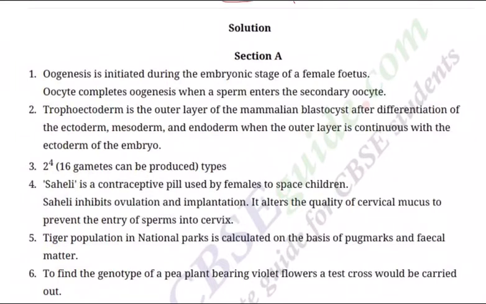1. Oogenesis is initiated during the embryonic stage of female fetus. I'll repeat, oogenesis is initiated during the embryonic stage of female fetus. Oocyte completes oogenesis when the sperm enters the secondary oocyte. Question 2.